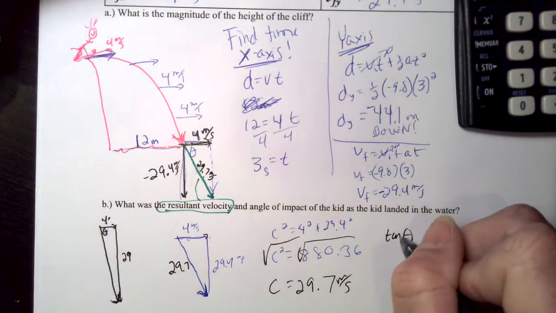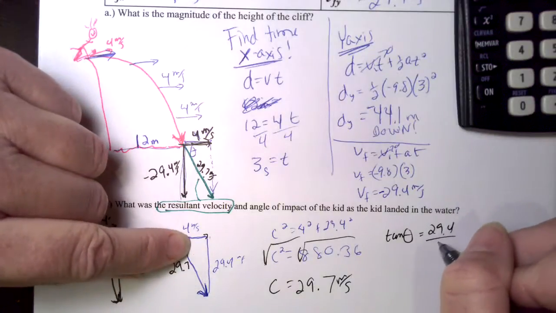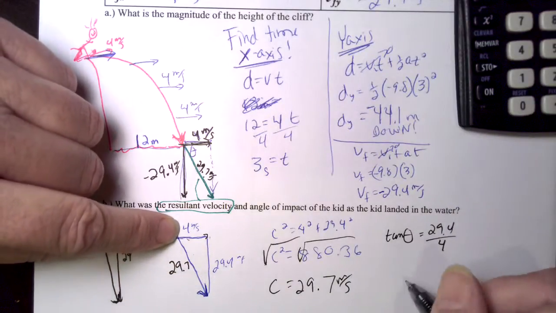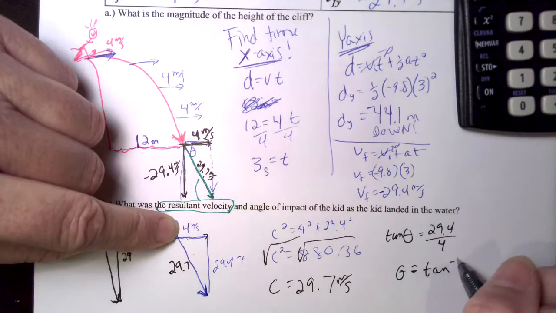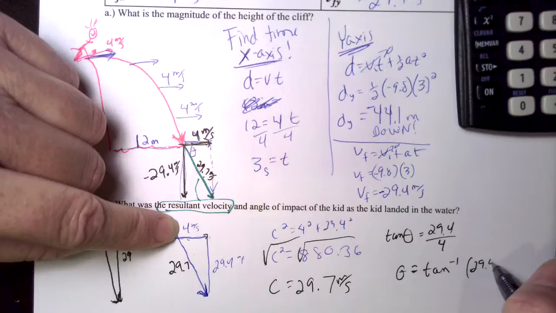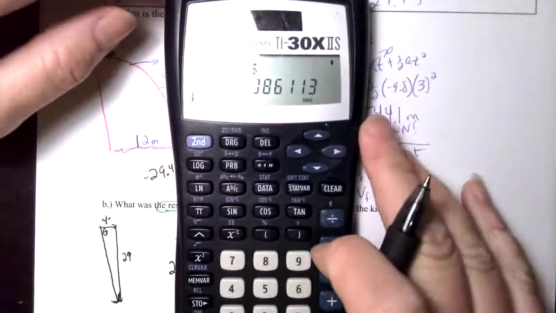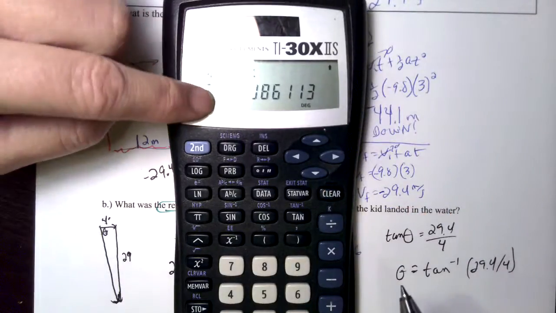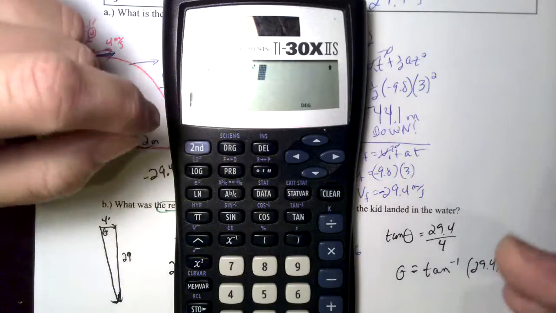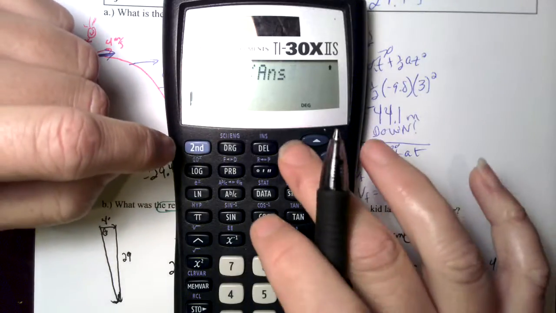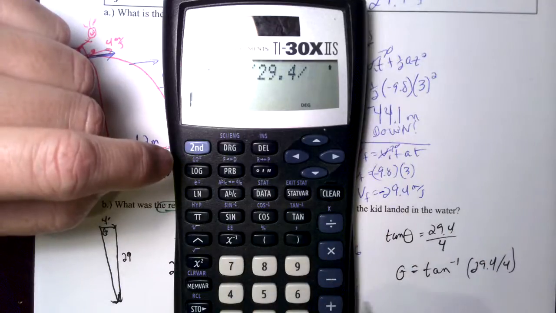Tan theta is opposite, 29.4, divided by adjacent, which is 4. Theta equals inverse tan of 29.4 divided by 4. I'm going to put it in. 29.4 divided by 4.